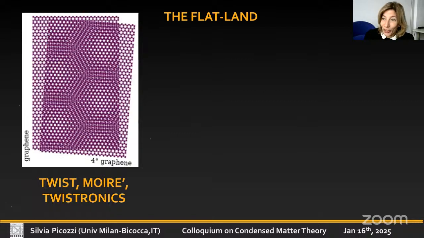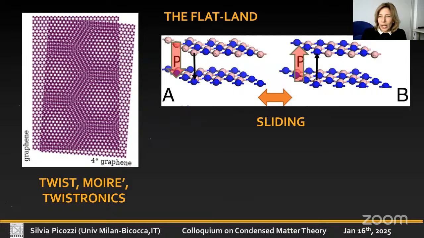Also, there are new areas that are emerging, like twistronics, the fact that you can twist two layers and get different patterns, which also result in different functionality. You can also slide the layers, and there are effects such as ferroelectricity arising just because you slide two materials one on top of the other. This is sliding ferroelectricity.